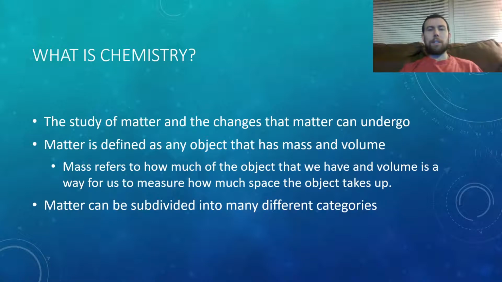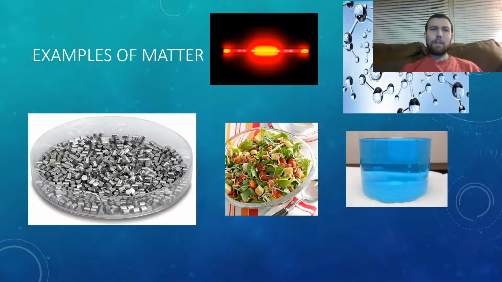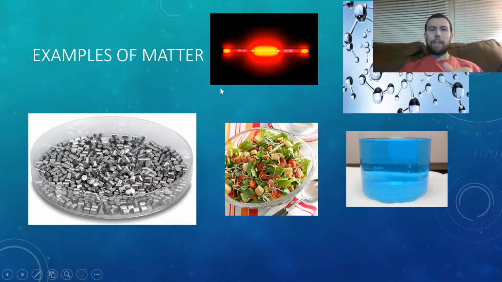Now let's start to take a deeper dive into matter. Specifically, what are these subdivisions? What are these different categories, these different types of matter that we can interact with? Now, on this particular slide, I've included some pretty interesting images, because what I want you to see here is we can have things that are gases, like in this gas tube right here.